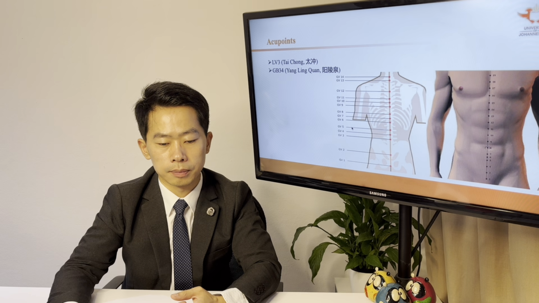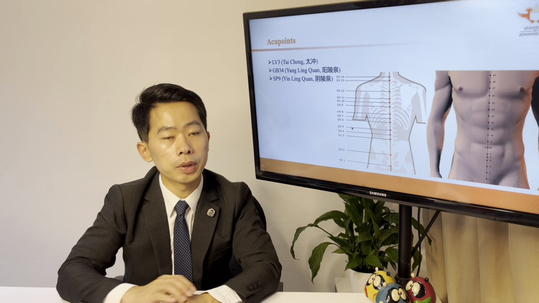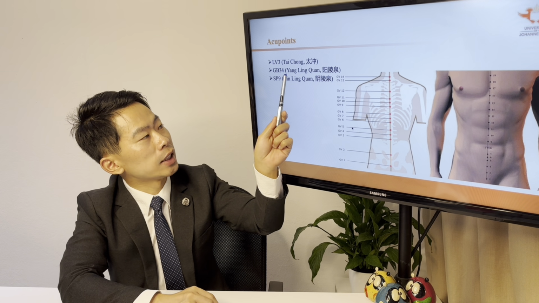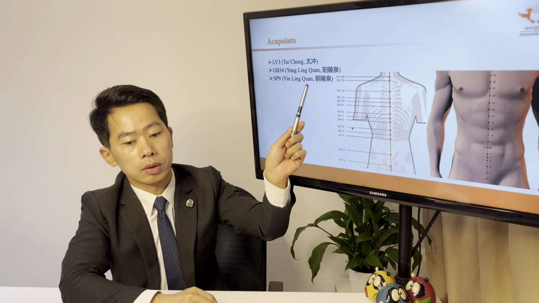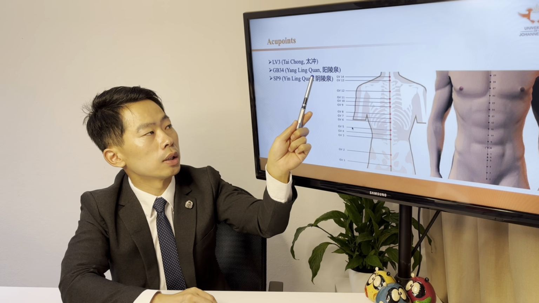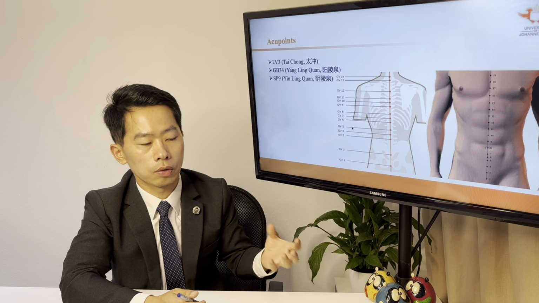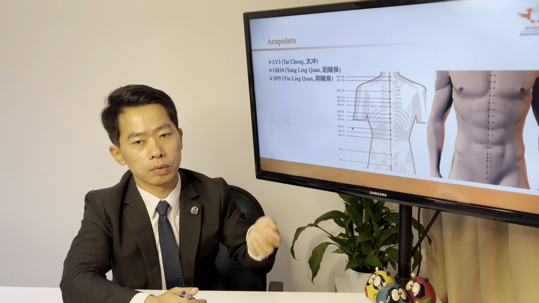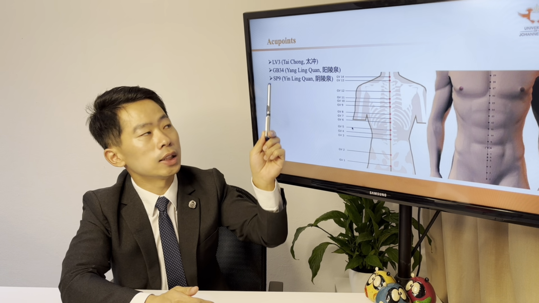Large intestine 3. Yang Ling Quan, GB34, and spleen 9. As you can see the names Yang Ling Quan and Yin Ling Quan, you can see here Quan. These two points share the same surname, Quan. Quan means spring, like spring water, a spring coming out from underground and automatically flowing out of the ground. Yang is yang qi, yin is yin qi.